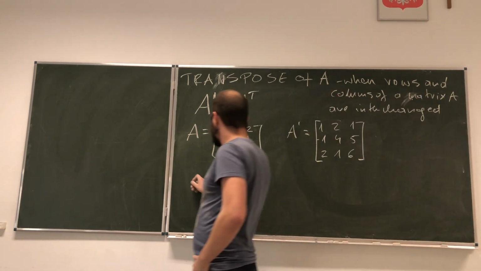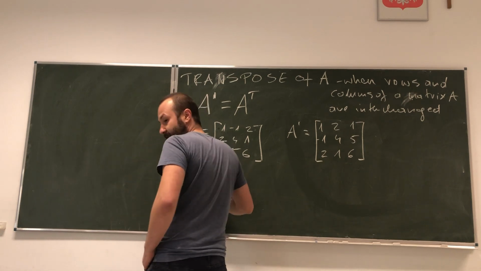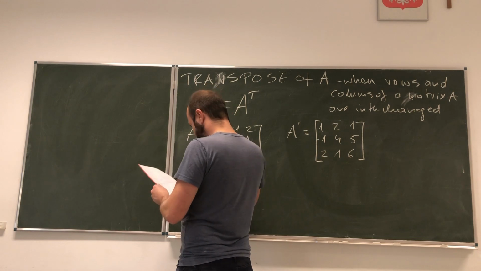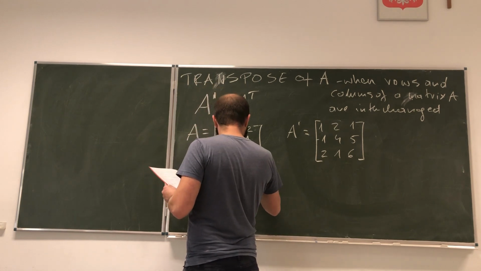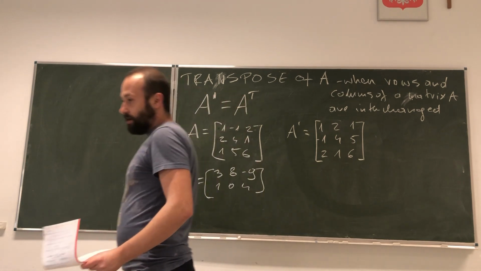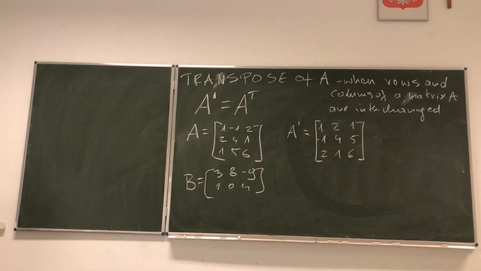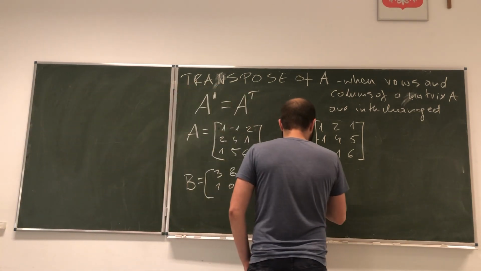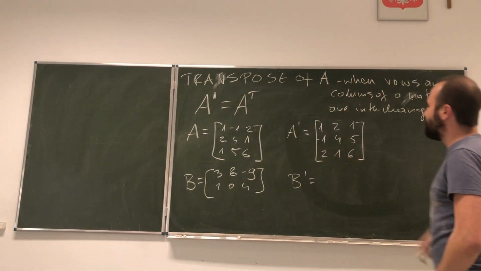Okay, so what if our matrix B is 3, 8, negative 9, 1, 0, 4. When we transpose matrix B, the first row must become the first column.